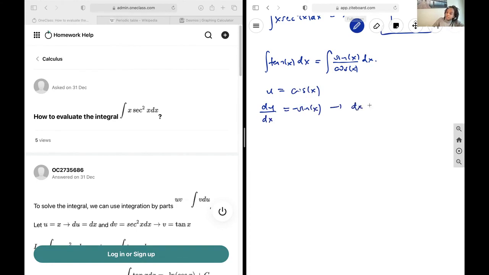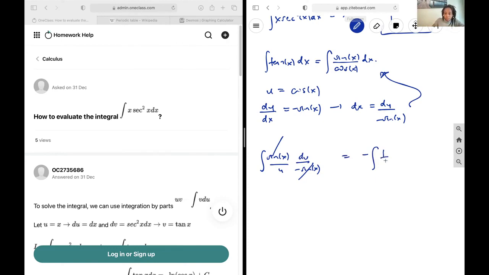And this means that dx is equal to du over negative sine x. Substitute that all back in here. So we get the integral of sine x over u, and then substitute dx to become du over negative sine x. These two will cancel, leaving a negative. So we just pull it out to become the negative integral of 1 over u du. The negative is coming from that part.